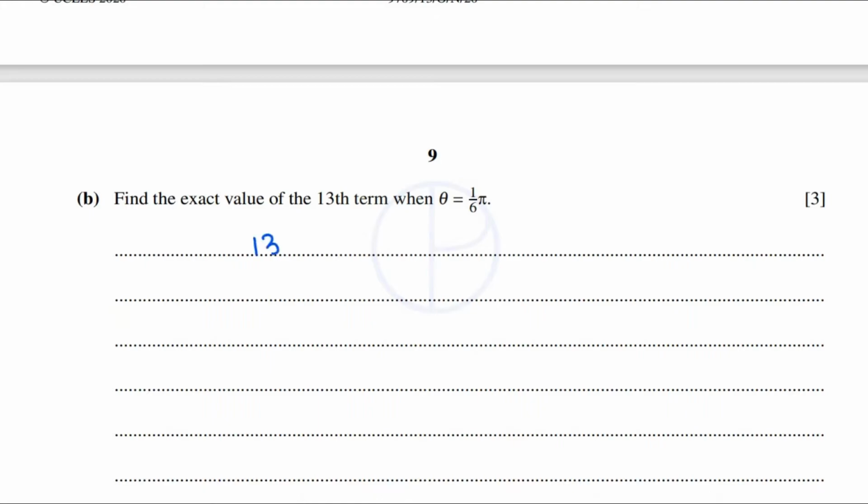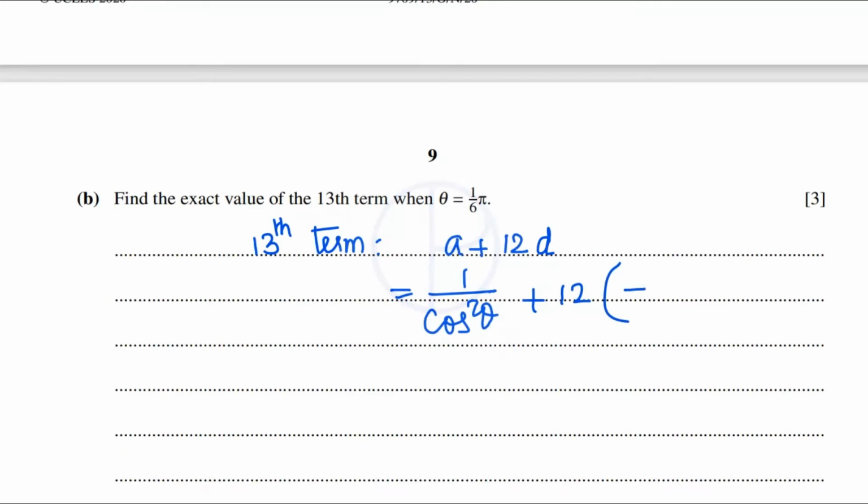So 13th term is a plus 13 minus 1, which is 12, multiplied by d. Okay. So what is a? a is 1 over cos square theta plus 12 times d, which is negative 1 over cos power 4 theta.